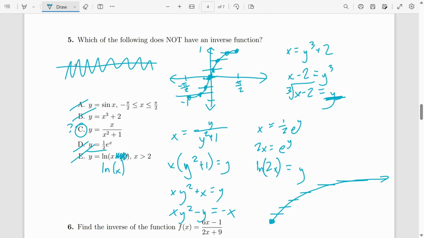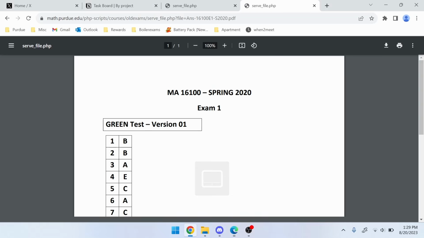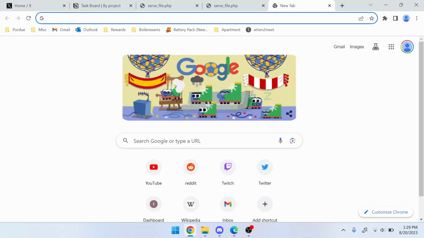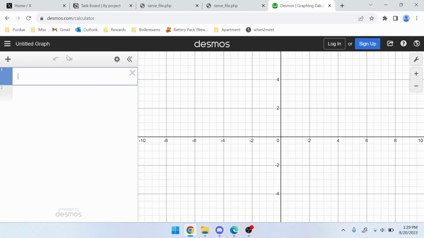And what I promised at the beginning, we can go ahead and graph this on Desmos. I know you obviously can't have your laptop or your phone out during these exams, but still worth looking at nonetheless. So if we do desmos.com/calculator, we can do x over x squared plus 1.